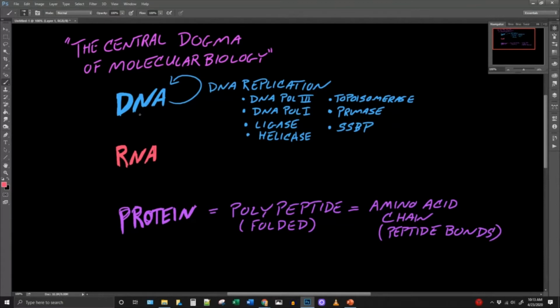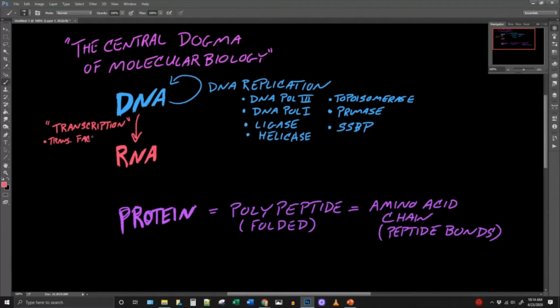So information in DNA gets copied into RNA, and we call that transcription. Okay, transcription. And if you guys have already started watching some of the videos, you'll know some of the things that are required for transcription. You have transcription factors.